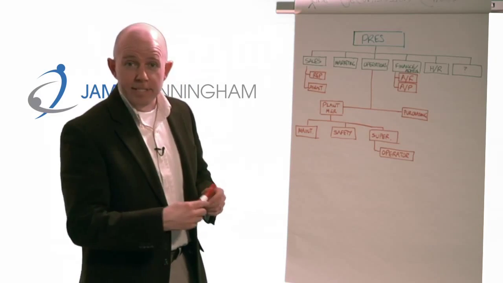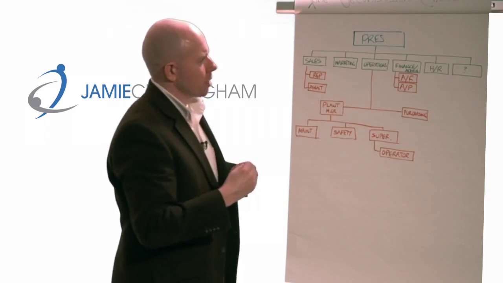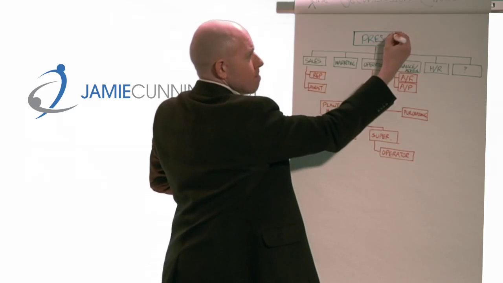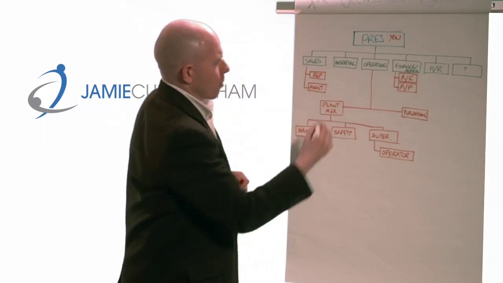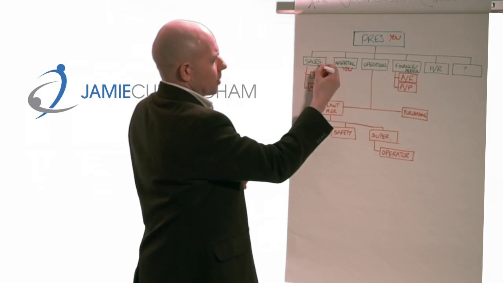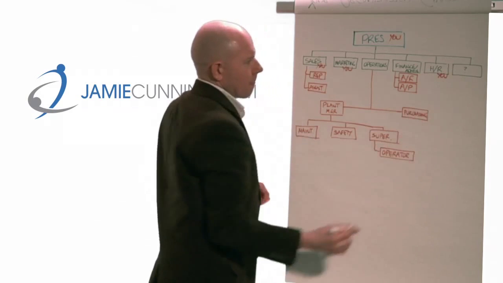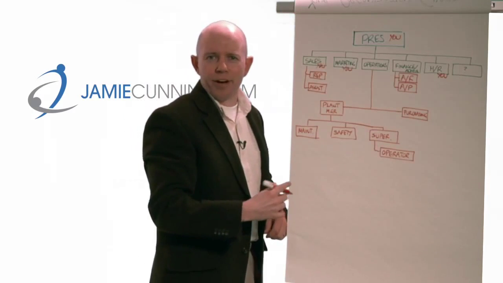And typically what happens, if you're a 5-person organisation, is you as the president, I'm going to say this is you, you're also probably marketing. You're also probably sales. You're also probably HR. And you're probably also head of operations.